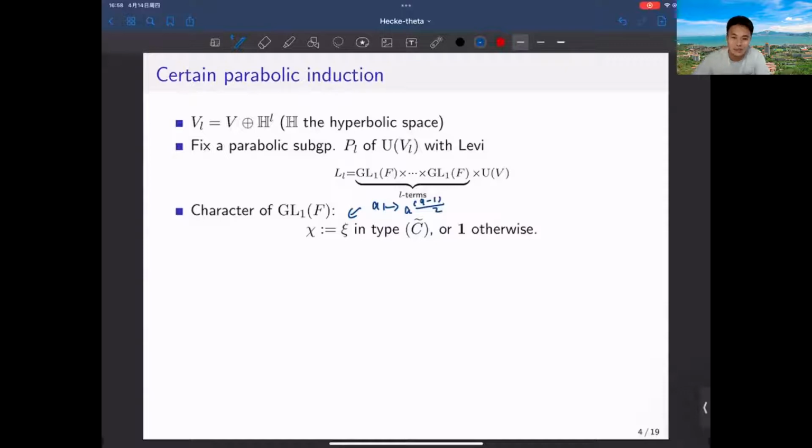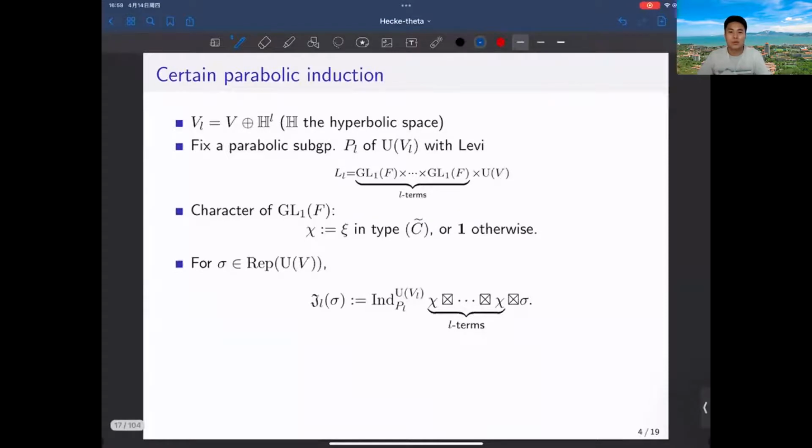Right. This is a quadratic character of F cross. Or the trivial character. Okay, so we will consider the parabolic induction from this character to the whole group. We call it JL sigma.